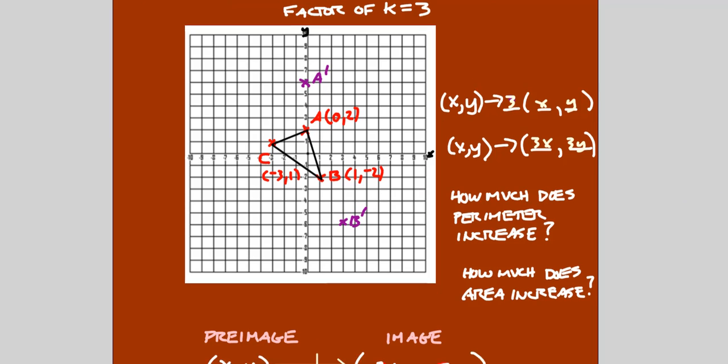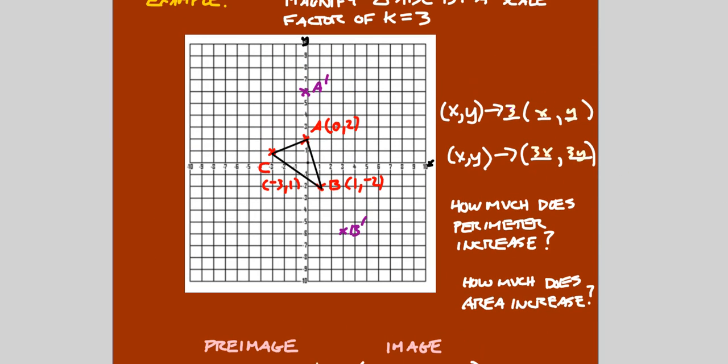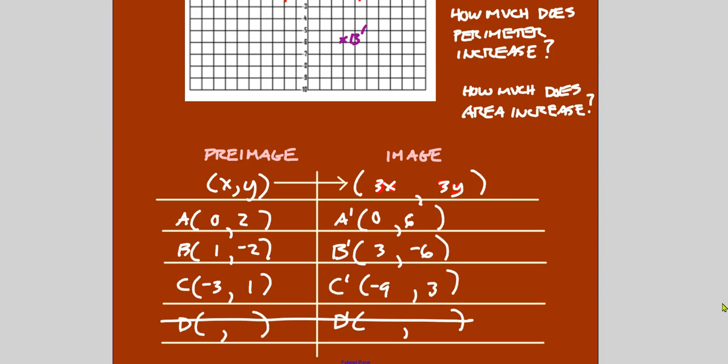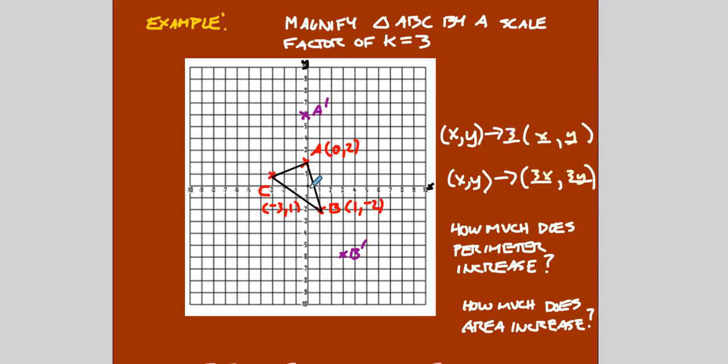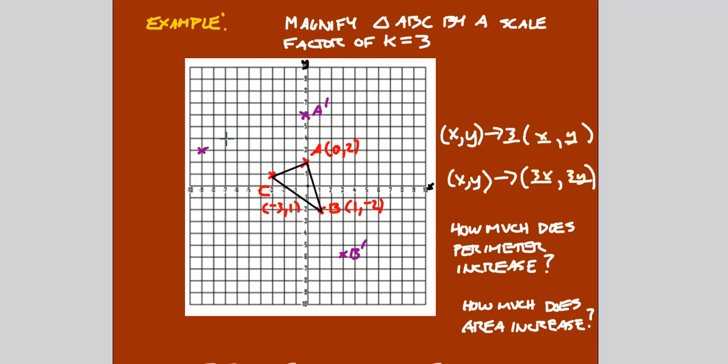And the coordinates of C prime are negative 9, 3. So we go 9 left and 3 up. Then we connect the points to get our stretch here, because our stretch factor is 3, again also called the scale factor.